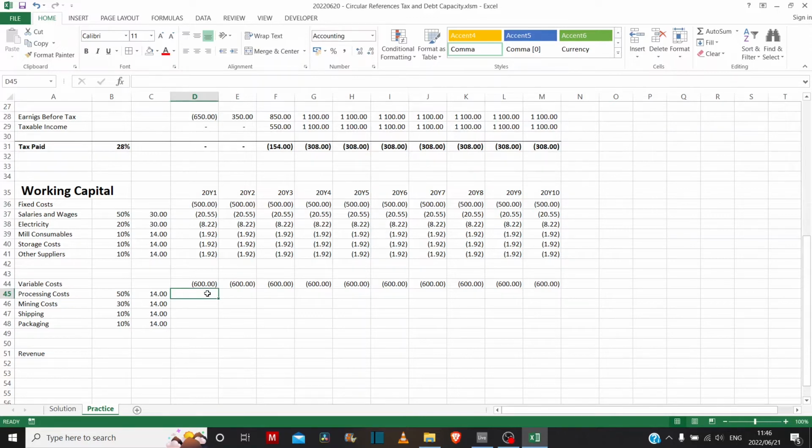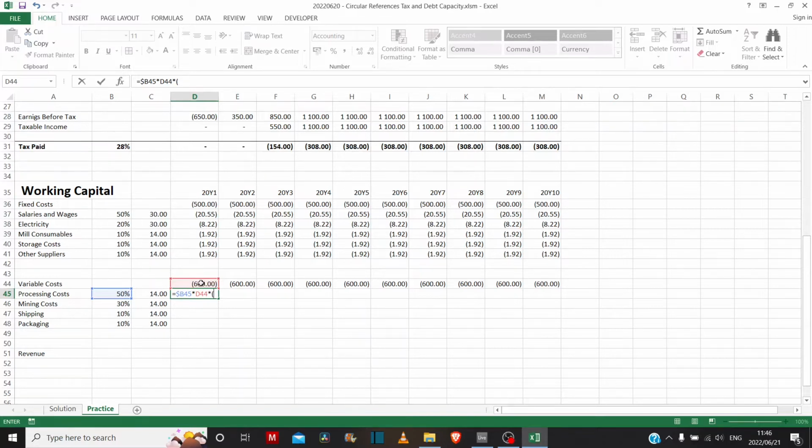So applying the same formula for your processing costs, we know that 50%, just locking the column, 50% of the total variable costs are attributable to processing. And then I know that out of these costs, I would pay my suppliers only after 14 days.